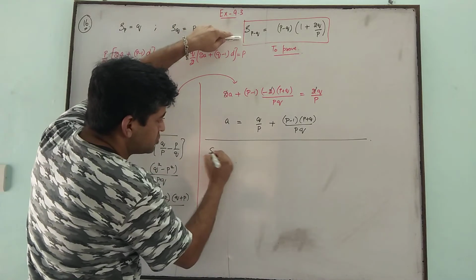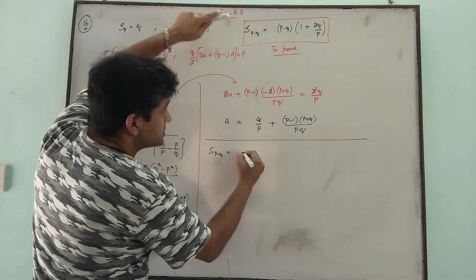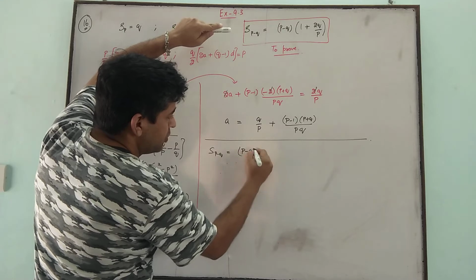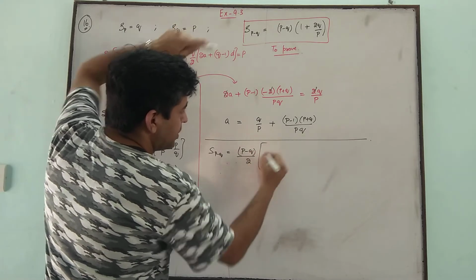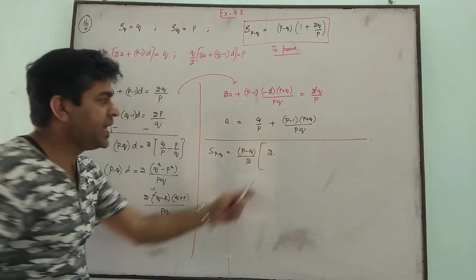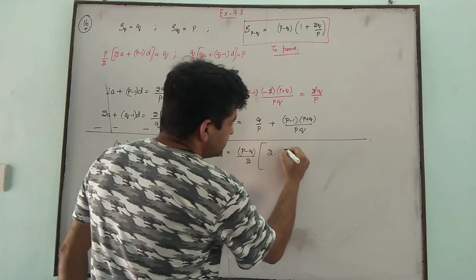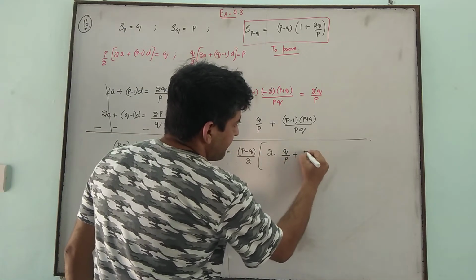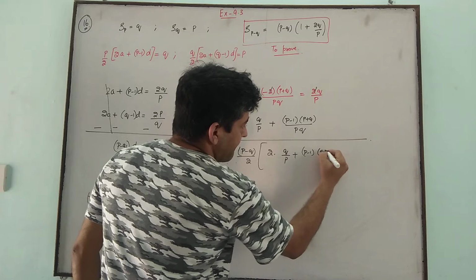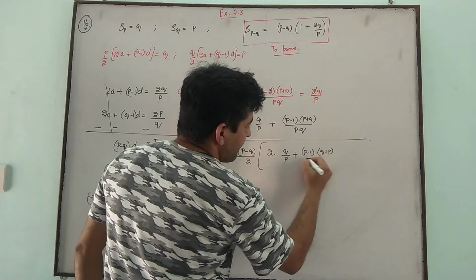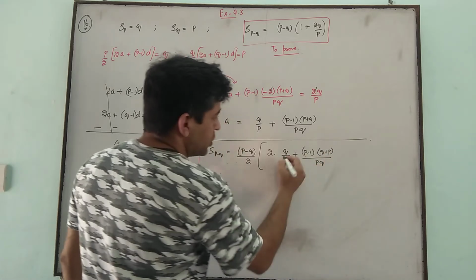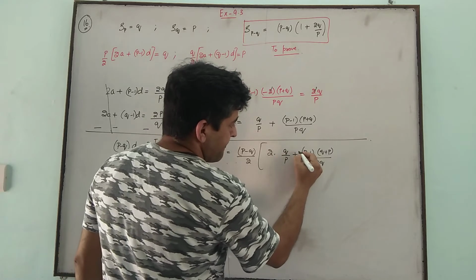The sum of p minus q terms is (p minus q) n upon 2 into 2a, with the value of a put in.